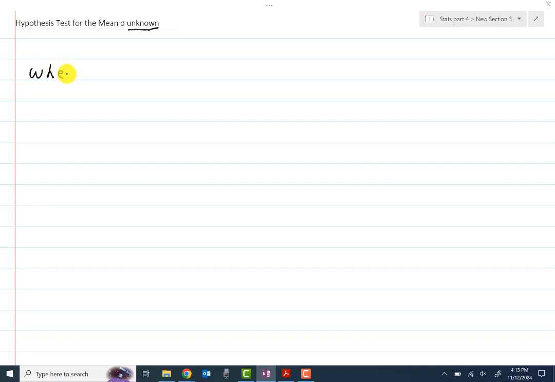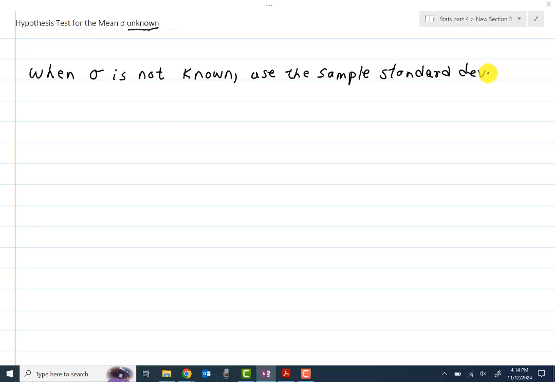So when sigma is not known, use the sample standard deviation. Plus, use the T table.